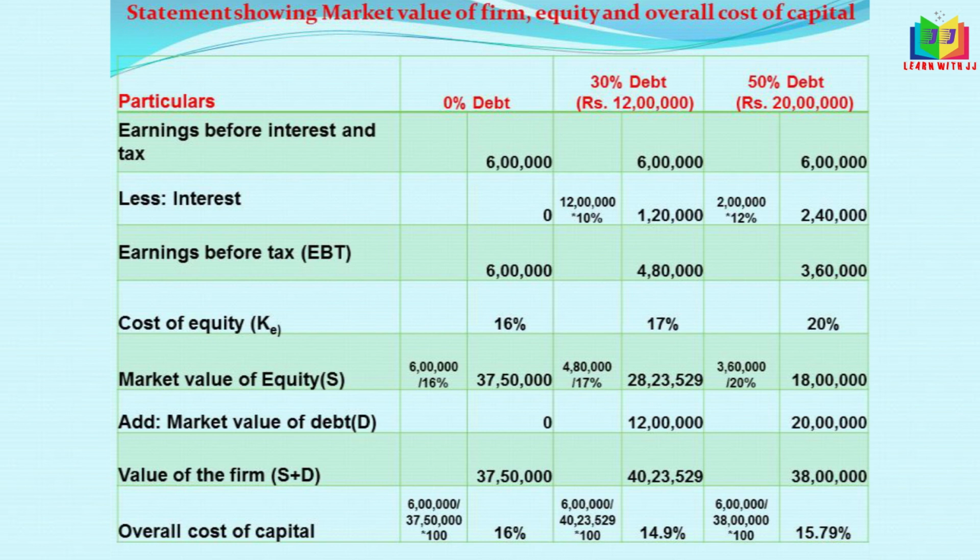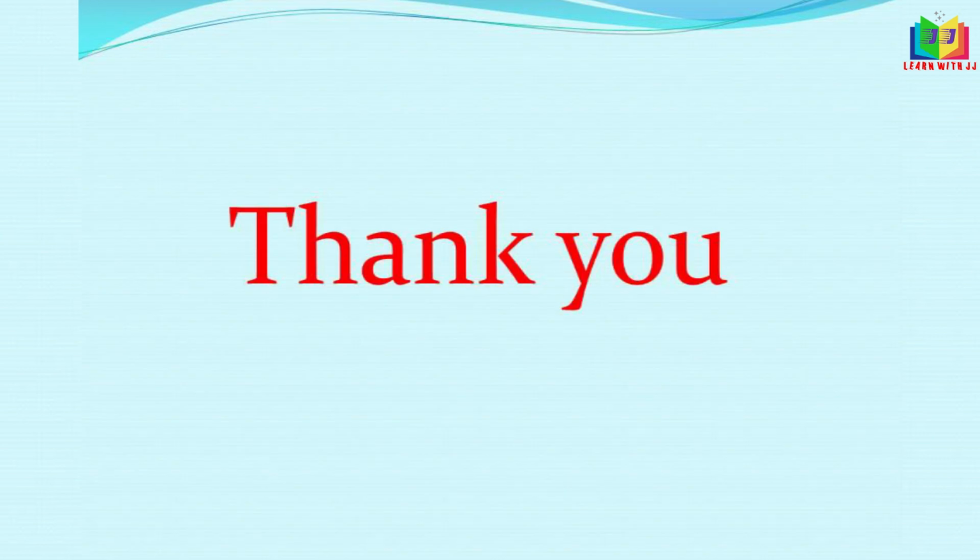For the second one, it is 40,23,529, so I'll get 14.9%. And for the third one, 6 lakh divided by 38 lakh, I'll get 15.79%. I hope now you understand how to solve this traditional approach problem. Using this format, you can easily solve the problem. Thank you for your patient listening.